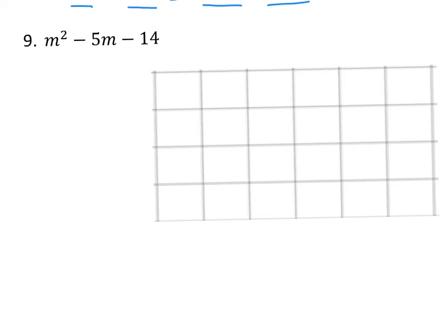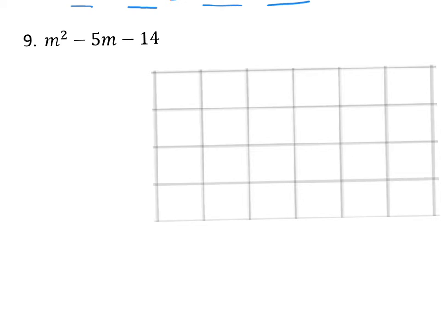Last time I put the 2 and the 7 in this box and this box respectively. This time I'm going to switch that up and put negative 7m in this box and positive 2m in this box. But I'm going to follow the same process I did a minute ago.